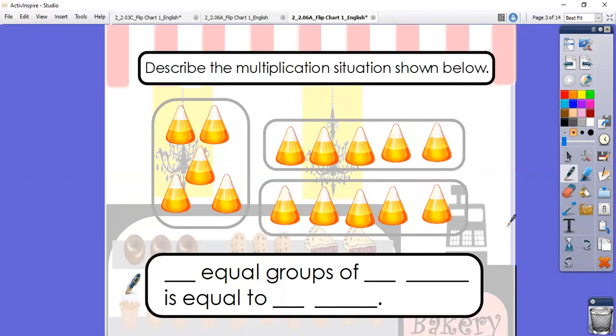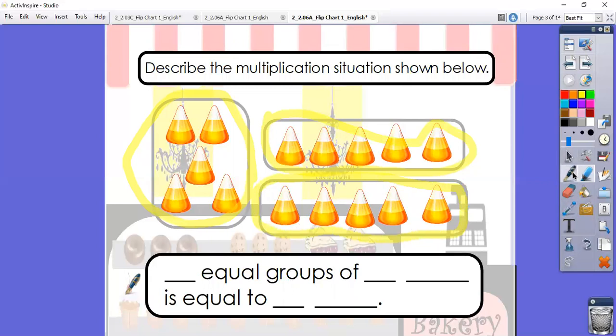Okay, so our next one, describe the multiplication situation shown below. Well, let's see how many groups I have, and I think I'm going to use my highlighter this time to show those groups. So here's one group. Oops, went a little crazy there. 2 groups, 3 groups.